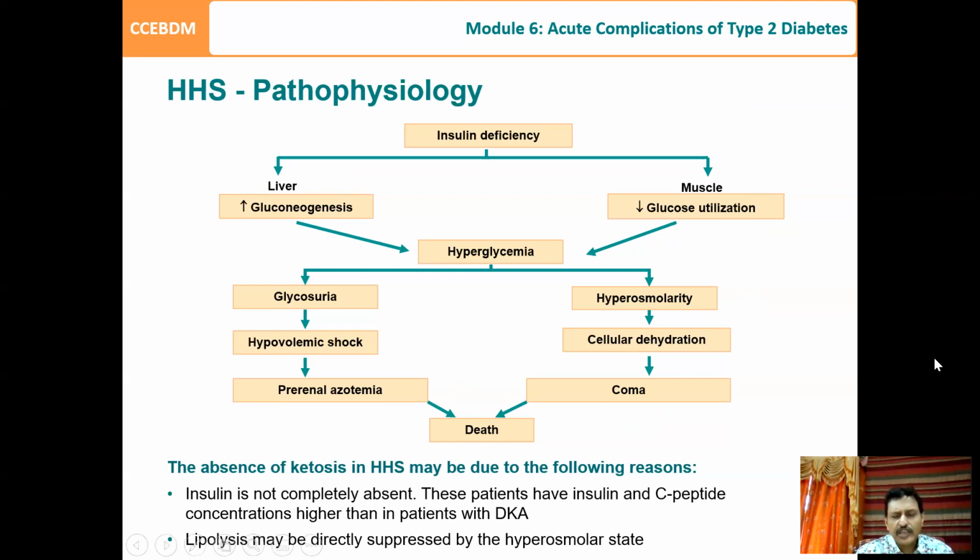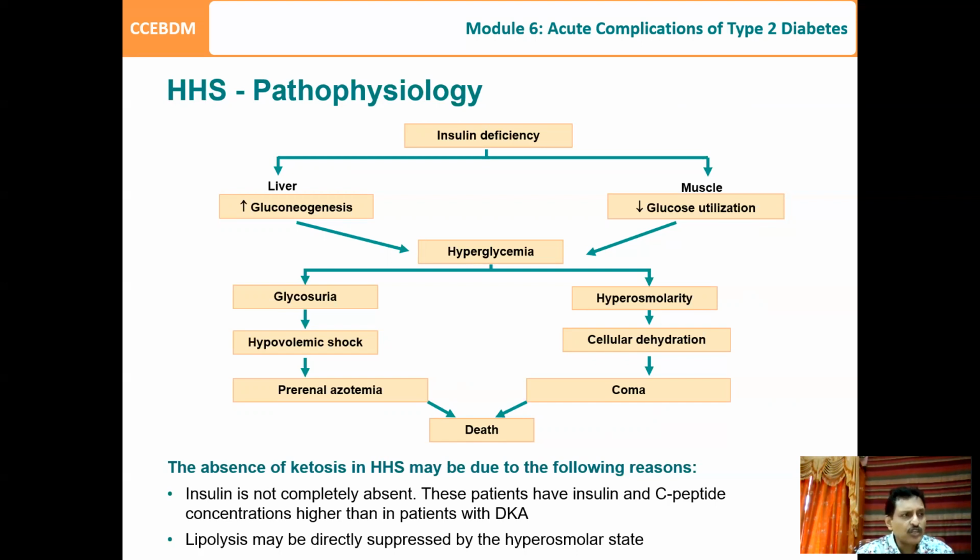Lipolysis itself is basically inhibited by the hyperosmolar state which we find in this kind of situation, because the blood glucose value is very high. It goes more than 600 milligram per dL, so it produces a hyperosmolar state, and as this is a hyperosmolar state, lipolysis is inhibited. Lipolysis is also inhibited because the insulin is not completely absent.